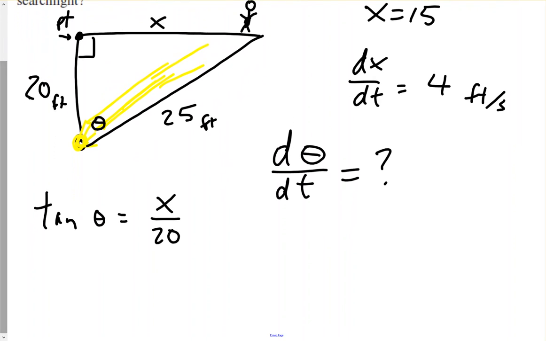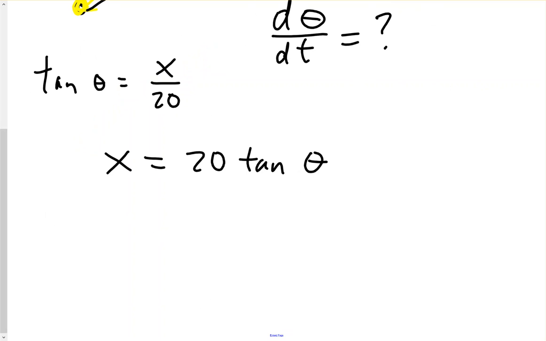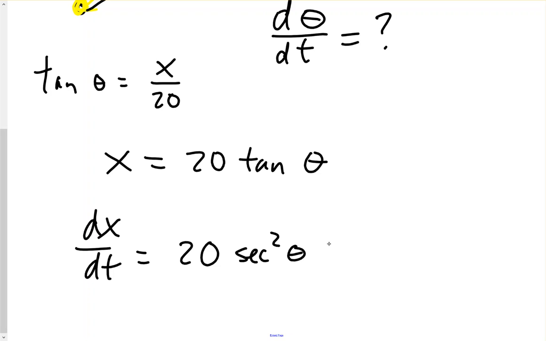If we multiplied both sides by 20, we would get X equals 20 times tangent of theta. So when we differentiate this, we would have dx/dt equals 20 times the derivative of tangent, which is secant squared theta times d theta/dt.